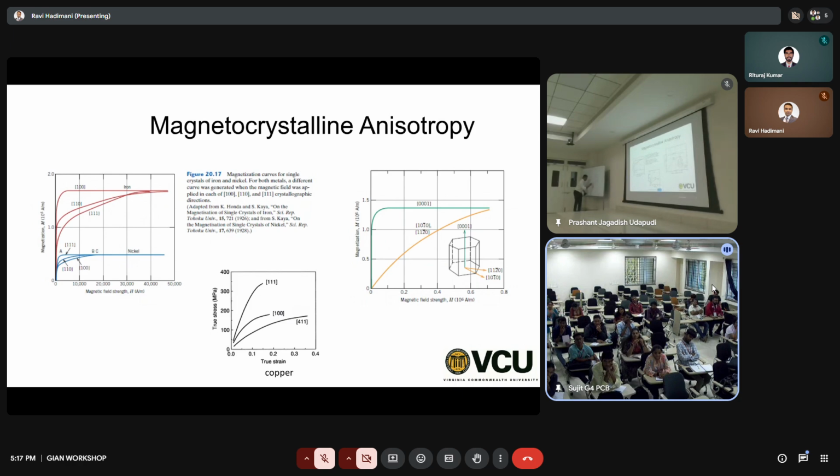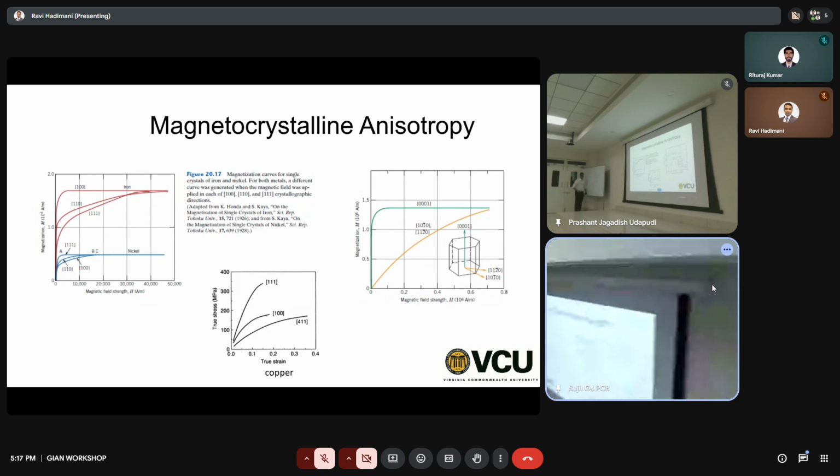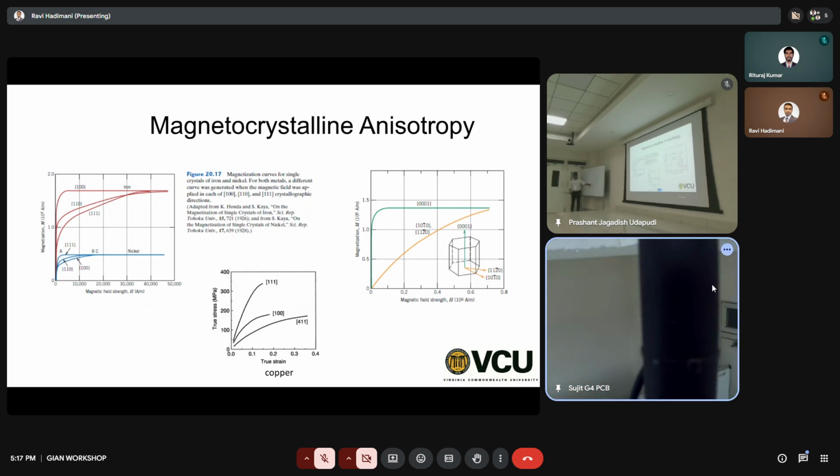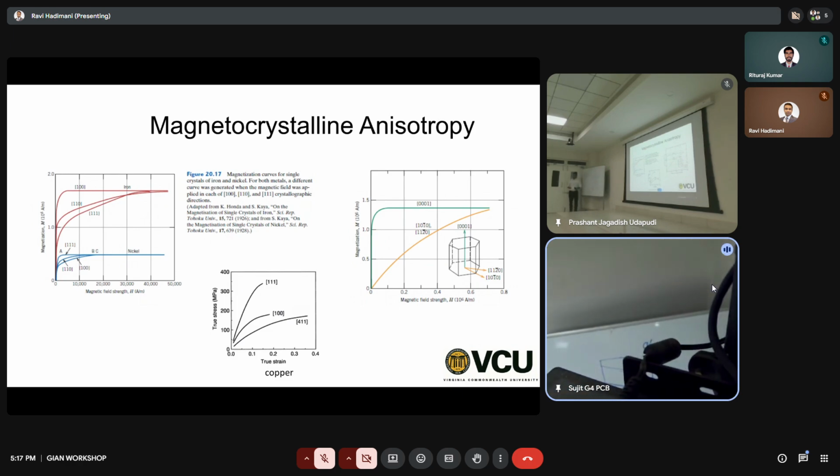Look at this, this is already saturation. For this field, let's say 1 kilo-oersted, in direction C you get very small magnetization, whereas in direction A, so let's say this is A, this is B, this is C, B is intermediate, and A has very high magnetization.